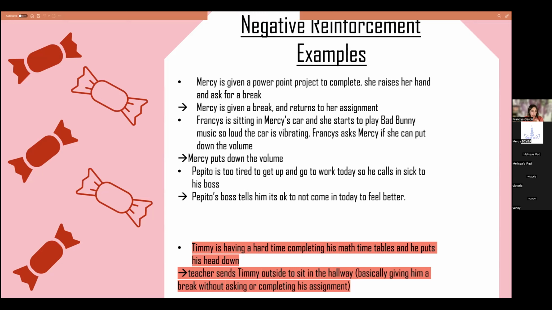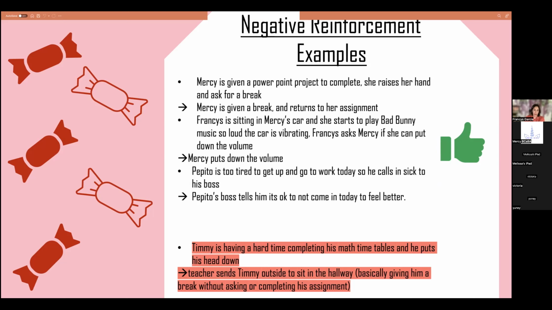Removing something unwanted. Reinforced, increased. In the future, he's probably going to call again to not have to go into work. And he's not getting in trouble. So those are good examples of reinforcement. This is how we want things to flow. If things are flowing in this way, this is good implementation of therapy.